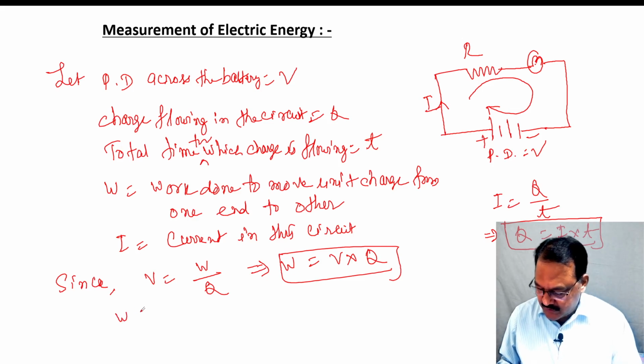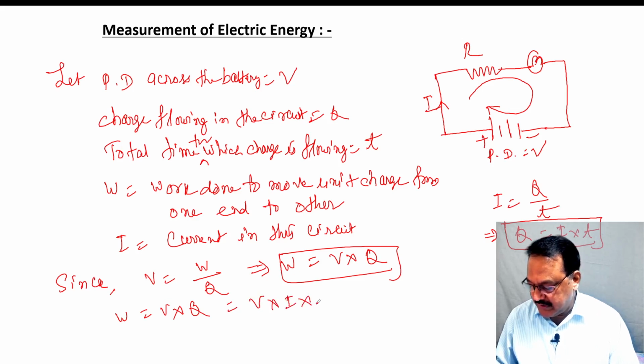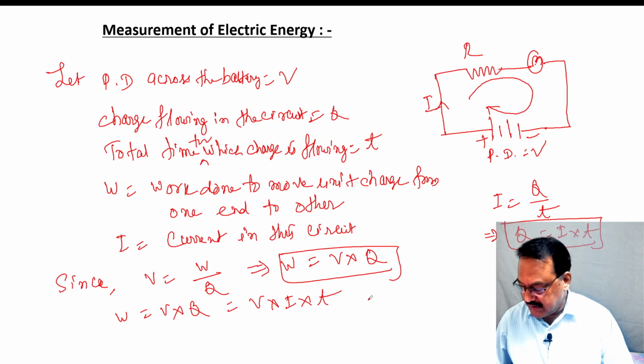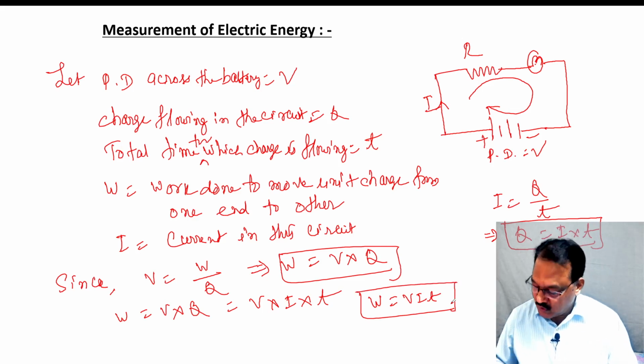W is equal to V into Q, we have already calculated. Then we can write V into I into T. We can write this equation: W is equal to V I T.